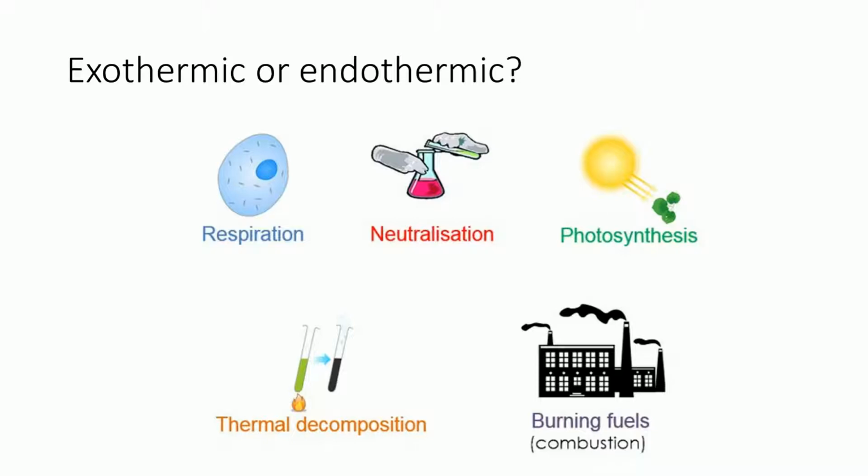You've got clues in the pictures to tell you if energy is entering our chemical reaction, or energy is exiting our chemical reaction. 2 of these are really important biological reactions, so you need to know them for your biology course as well. So pause the video and have a go at labelling which one's exothermic, which one's endothermic.